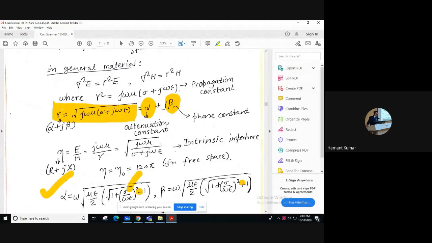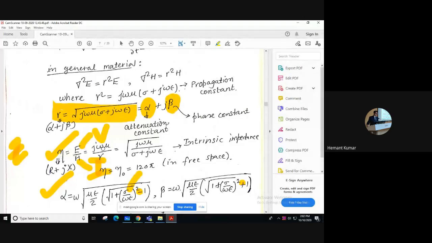Before that, let me tell you one thing about the intrinsic impedance. This is the formula for the intrinsic impedance. It is similar to the resistance or impedance in network theory, where we have Z equal to R plus jX. Similar to that, we have the impedance of the medium. When an EM wave propagates through a medium, the medium has some impedance for the EM wave. That impedance is the intrinsic impedance, given by E upon H. E is similar to V and H is similar to I, so V upon I is nothing but Z, right?